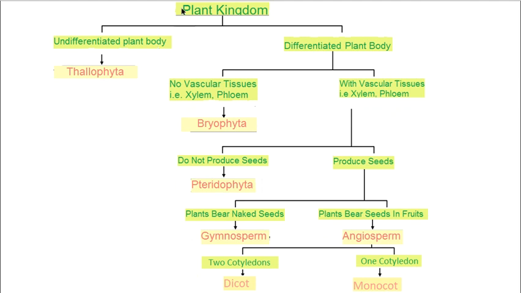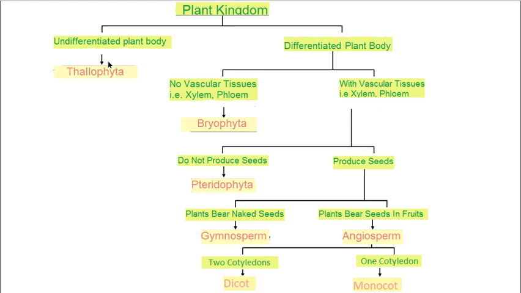Starting from the plant kingdom, as you can see on the screen, the plant kingdom is firstly divided into two parts: undifferentiated plant body and differentiated plant body. In the undifferentiated plant body category, those plants are kept which do not have differentiated parts.